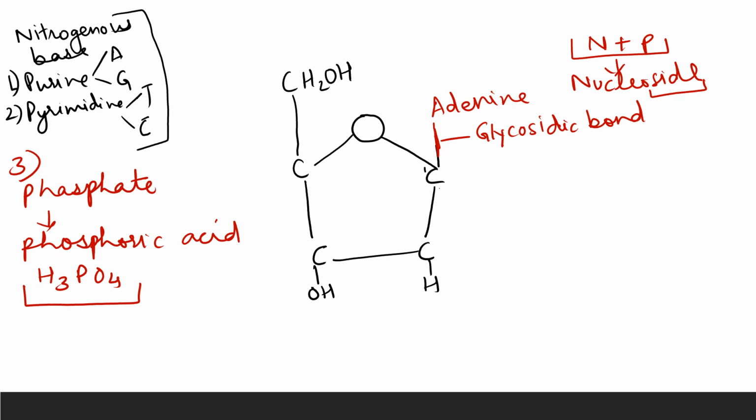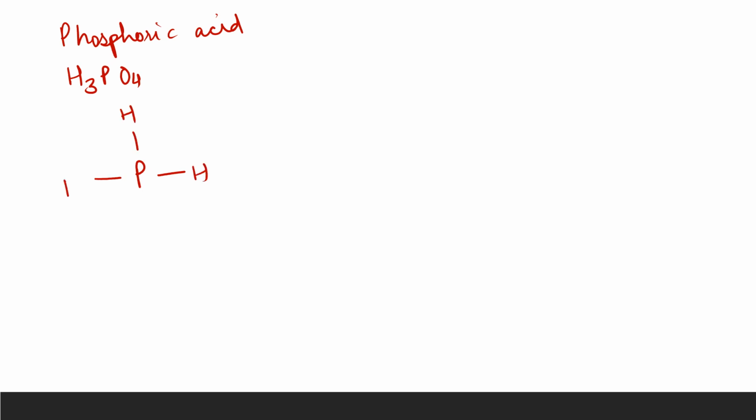So let's open this structure. Let's do it on the next slide. So we are talking about the phosphoric acid, right? And what is phosphoric acid? That is H3PO4. Now open this structure. P is 1 and we have 3H, right?